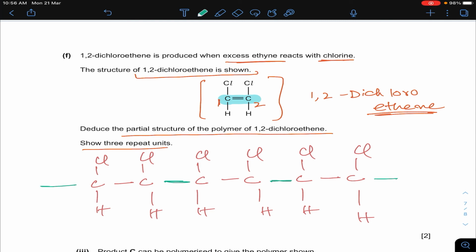Right, so this is the structure of the polymer which would form from 1,2-dichloroethene, and we have drawn 3 repeats. Repeat 1, 2, and 3.